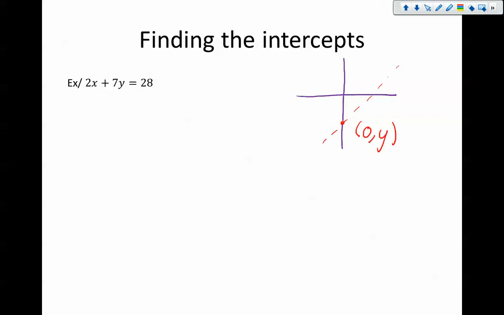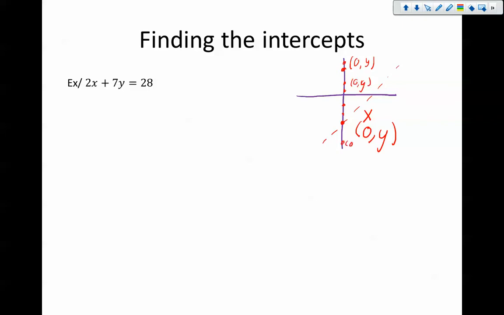I don't know what value this is because I haven't marked the graph at all, but it's 0, something. Notice that the x value is 0. Over here, like this point right here is also 0, y. I don't know what the y value is, but I know that the x value is 0. And as it turns out, everywhere on this vertical line on the y-axis, the x value is 0.